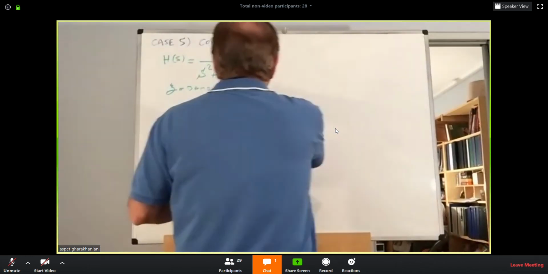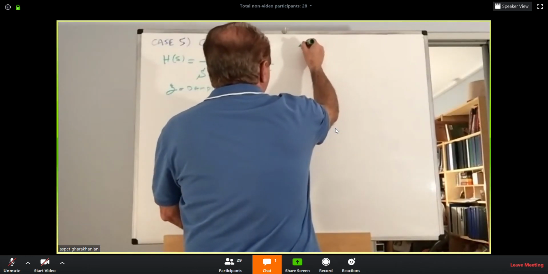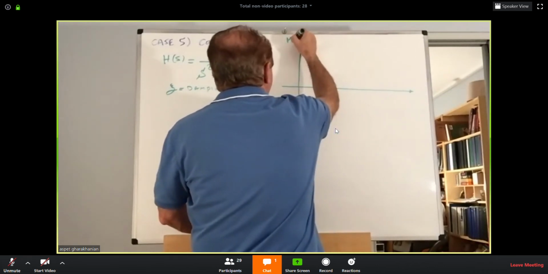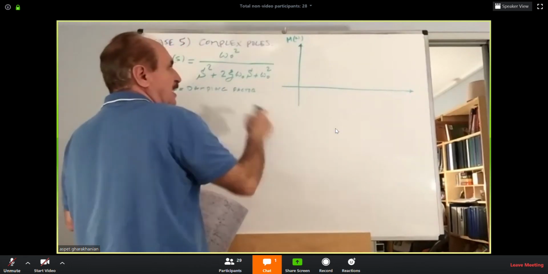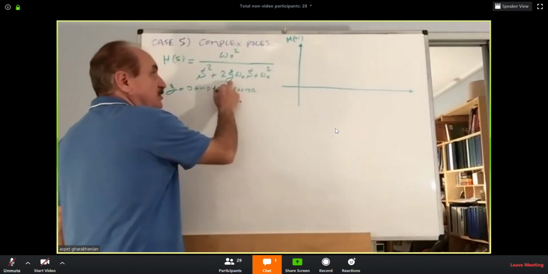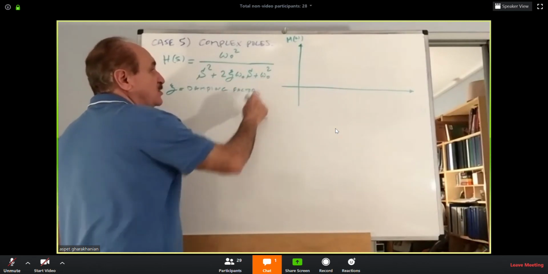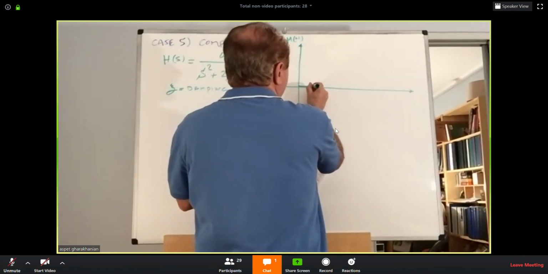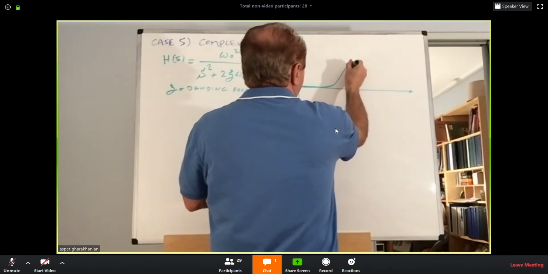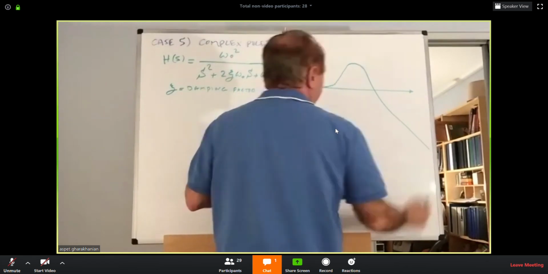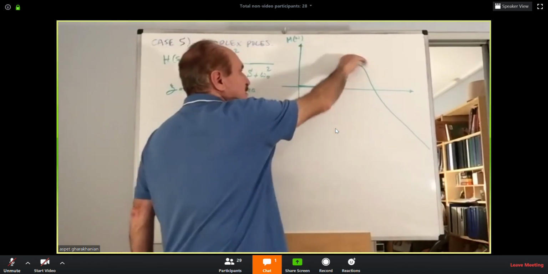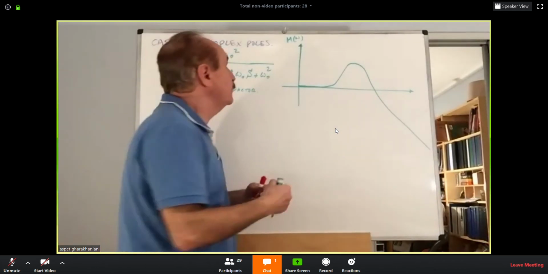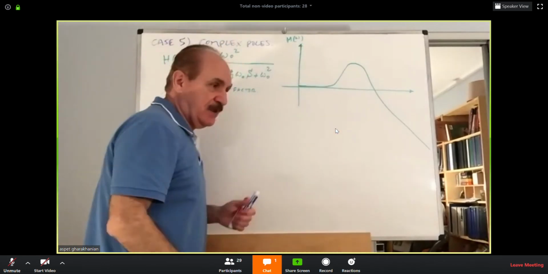Generally, when it comes to that, your M of omega, which we need to calculate, will become a function of zeta and a function of omega. So this is the general shape. Okay, that will be the general shape. You will see a maximum on the top of the transfer function. M of omega will have a maximum there.